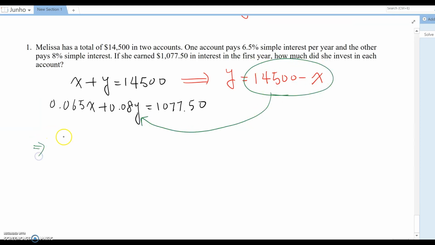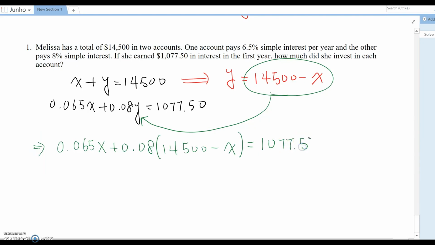Then this equation becomes 0.065x plus 0.08 times 14,500 minus x equals 1,077.50.